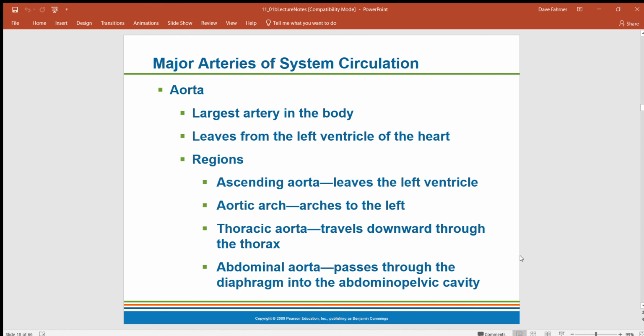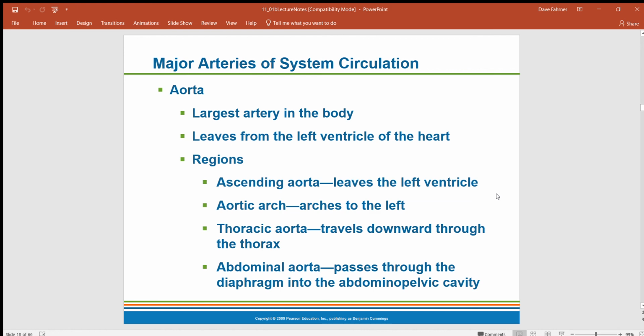What we're going to be doing is we're going to skip the major arteries of the circulatory system. In other words, the gross anatomy of the circulatory system. We're not going to go into all the blood vessels. The ones I want you to know, I've pretty much already told you about, the major ones that are going to and leaving the heart.